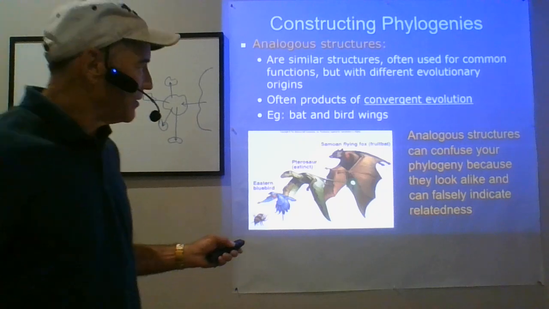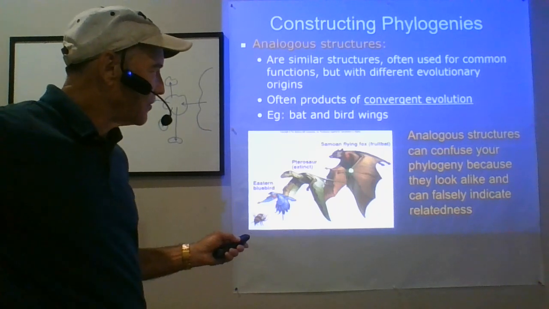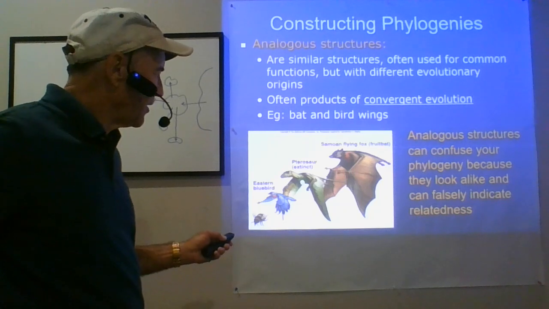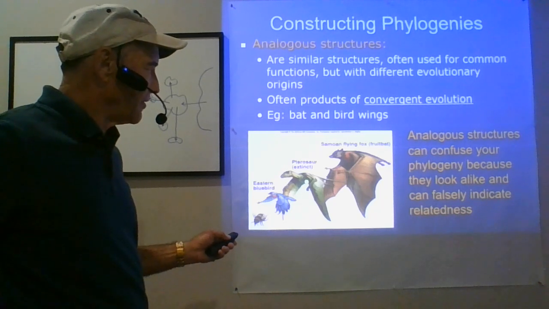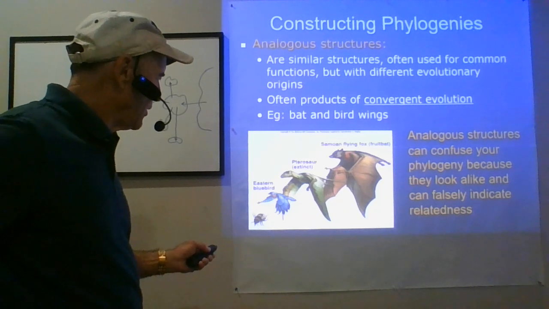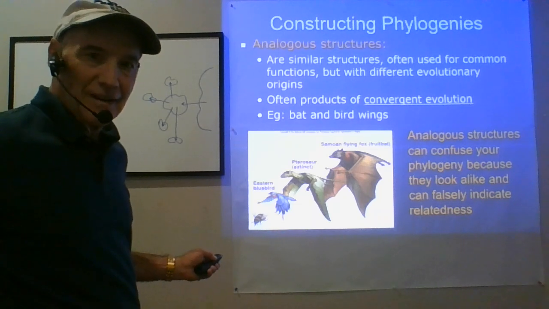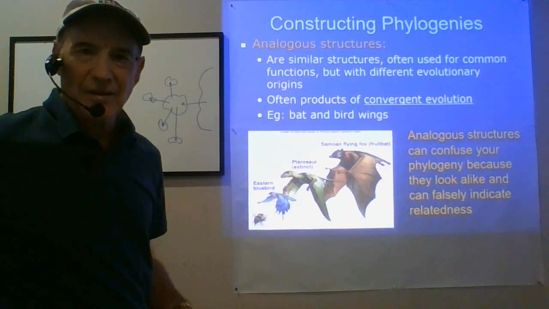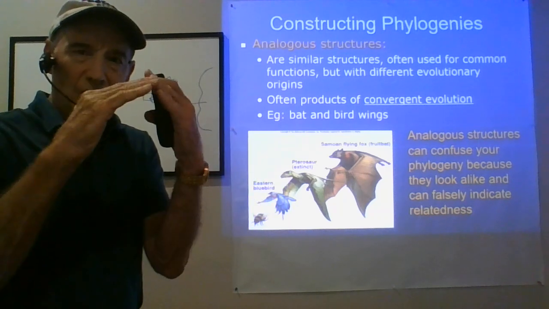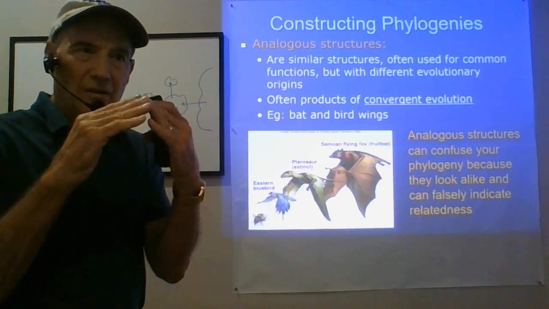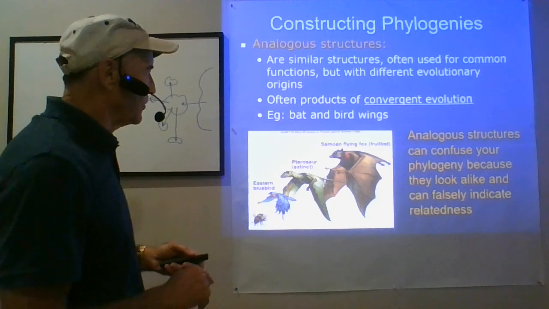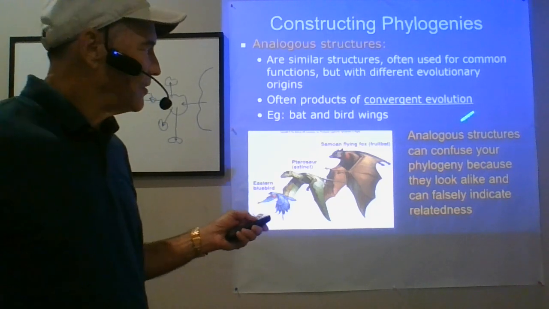Like this, that's a fruit bat with a wing, and a dinosaur, a pterodactyl, and a bird, and an insect, a bee. All have wings, but from different origins, and they evolved into a wing for flying purposes. Different types of wings for a common purpose.